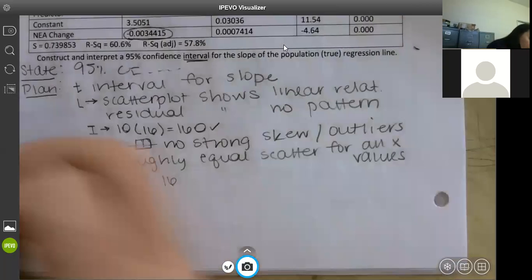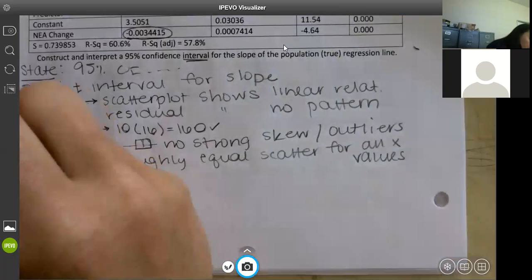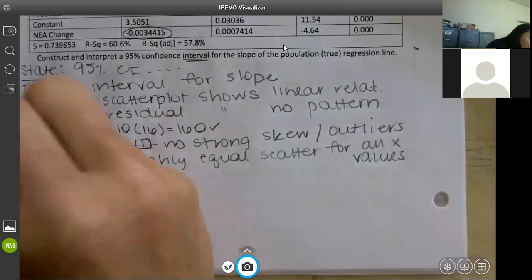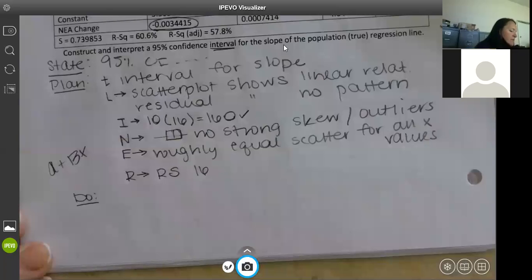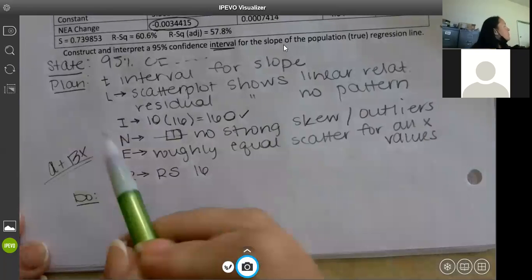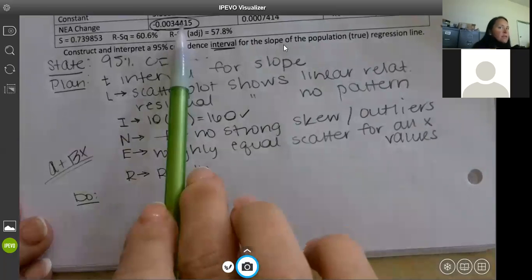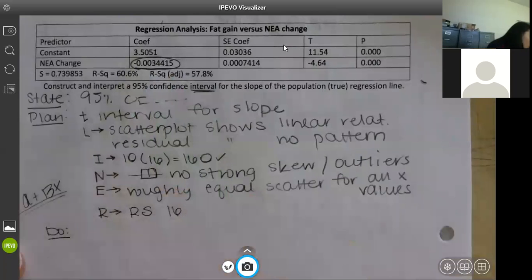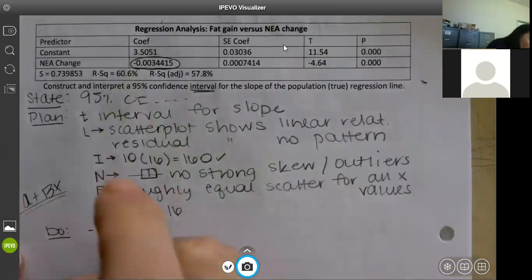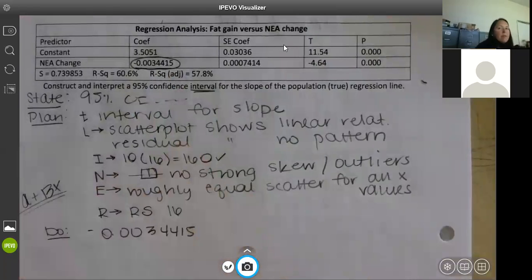Remember, they do A plus BX, so your constant comes first. So that's what this number is, your constant coefficient. So negative 0.00344415. And all Minitab outputs pretty much look like this. They're not going to switch it around. So know that the first number is the first one.